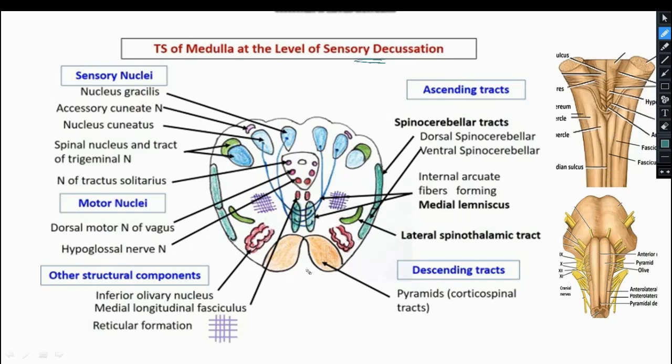This is the anterior, this is the posterior. So now correlate. See, this is the pyramid, and this sensory decussation is here. See, it is here. Let me draw.